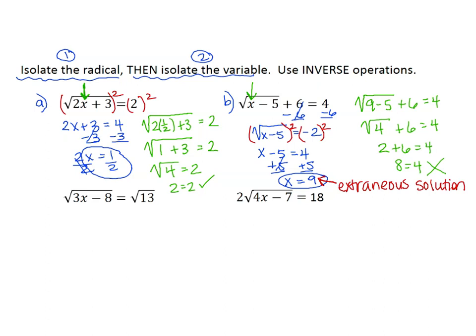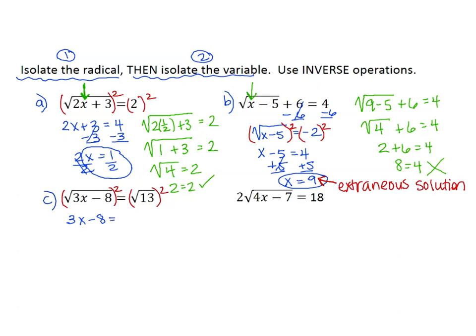All right, let's look at part C. So in part C, our radical is once again isolated, which is good. There's nothing being added or subtracted or multiplied or divided. It's all by itself on the left side. But this time we have radicals on both sides. But we're just going to continue using our same method of applying inverse operations to isolate our variable.